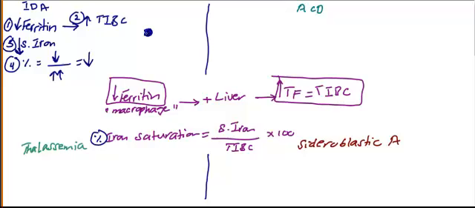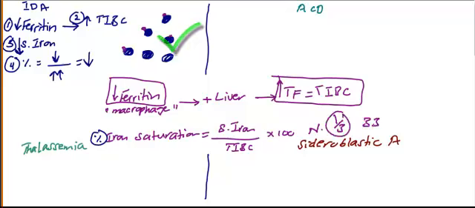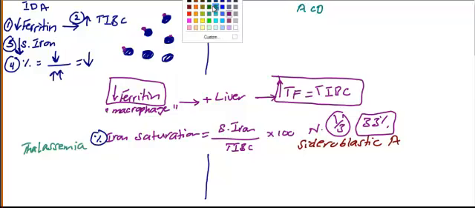You can also imagine this: you have a lot of transferrin in the blood, but unfortunately you have only a few irons. That means transferrin saturation is less than a third. Normally transferrin saturation is a third, or 33%. So if you have less than 33% transferrin saturation, with all the other criteria, you will have iron deficiency anemia.